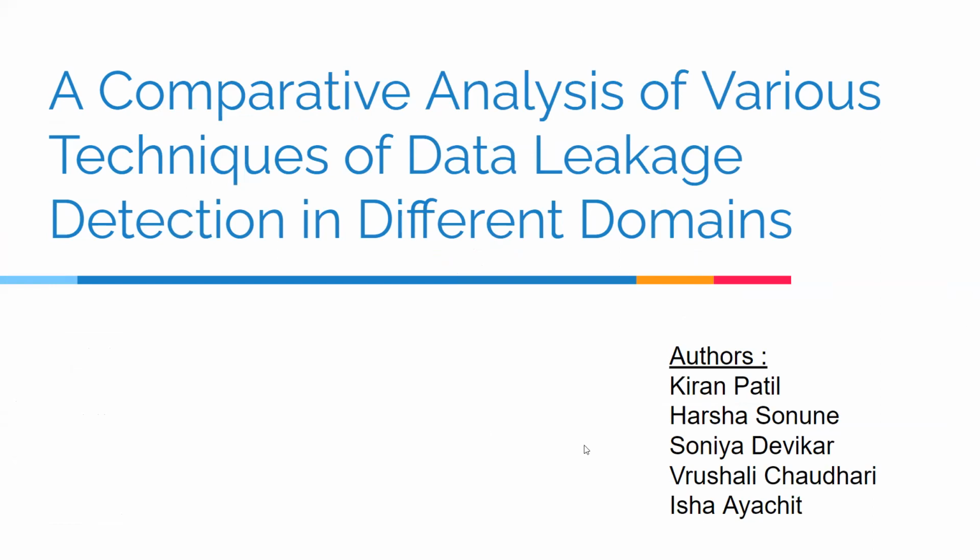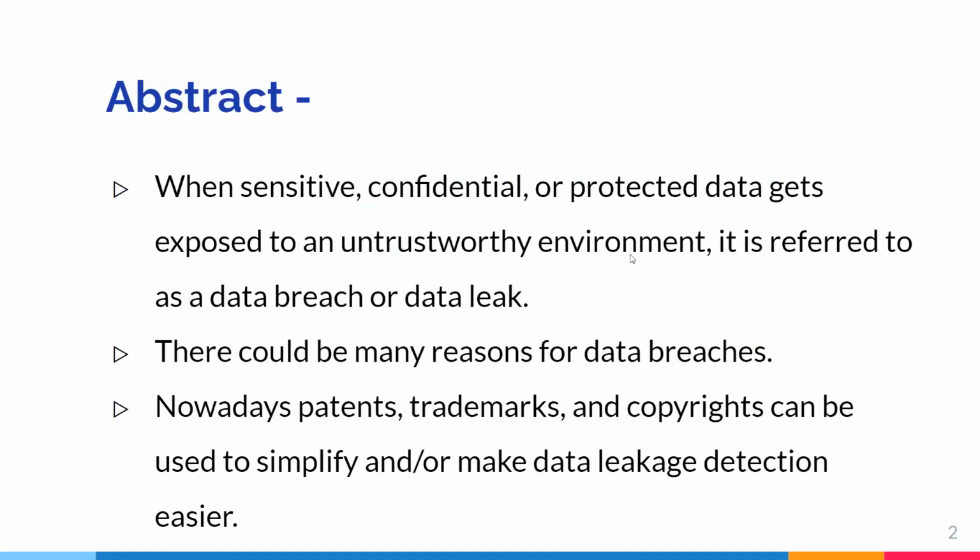Okay. So, starting from the abstract. When sensitive, confidential, or protected data gets exposed to an untrustworthy environment, it is referred to as a data breach or data leak. There could be several reasons for data breaches. Nowadays, patents, trademarks, and copyrights are the most widely used techniques to make data leakage detection easier.